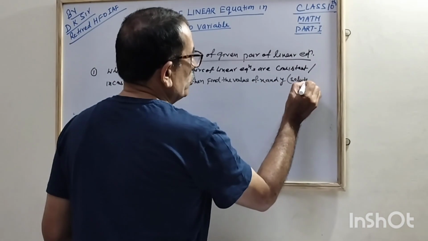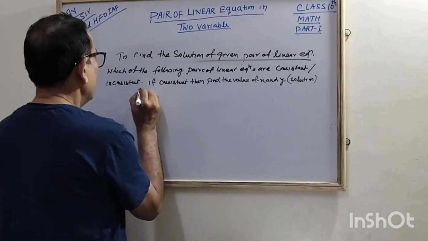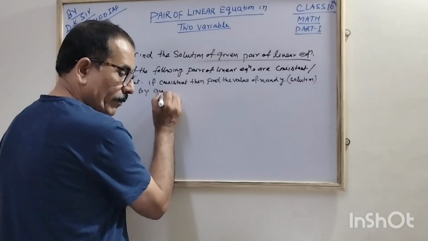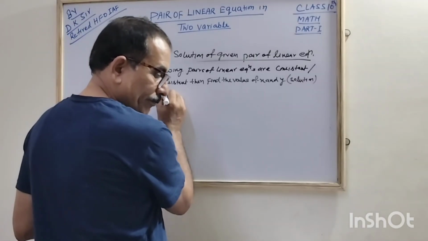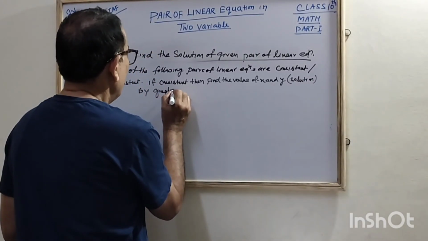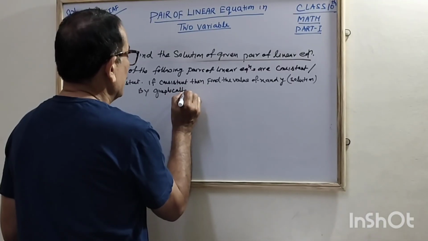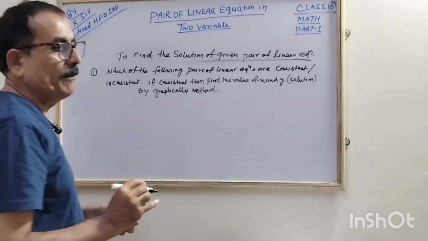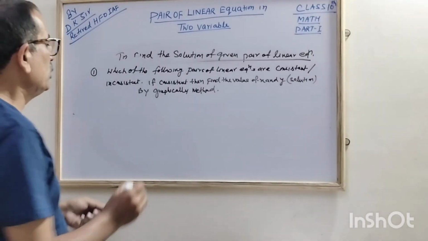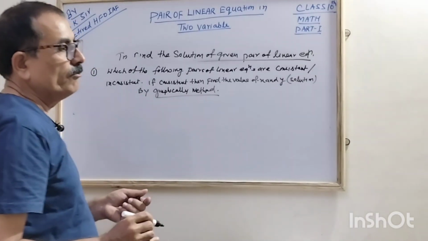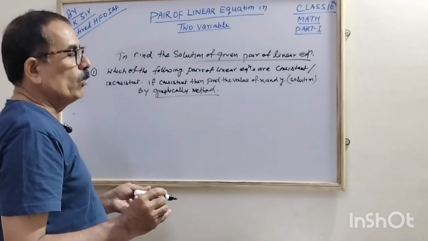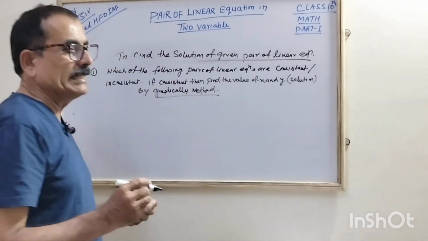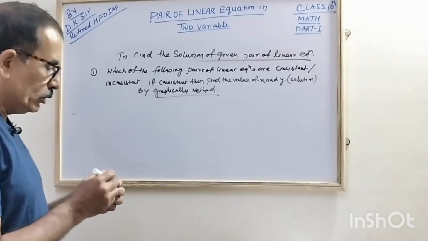Find the solution by the graphical method. The solution can be found by many methods. The first method is the graphical method, which means we have to draw the lines, and wherever both the lines intersect, that becomes the solution.